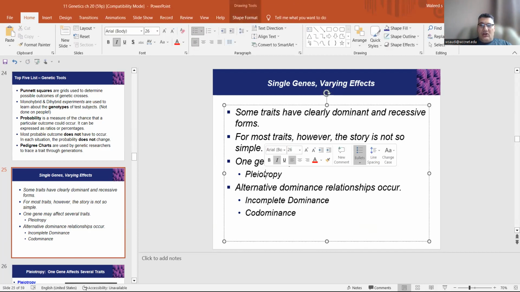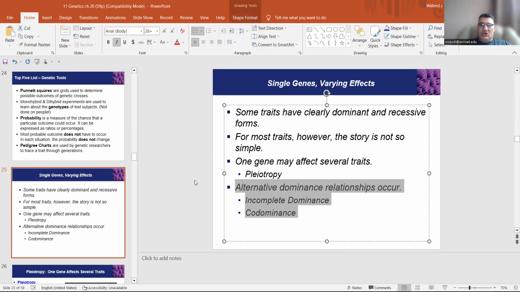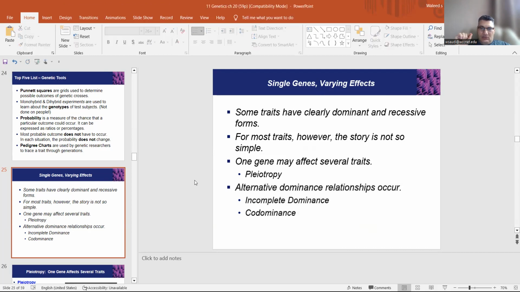And there is also something called pleiotropy that you have to understand. You need to understand these terms. All what I'm talking about is important, the core of the chapter. What is pleiotropy? One gene affects several traits. It's not like this gene is for this trait only. This gene is for the blue eye.